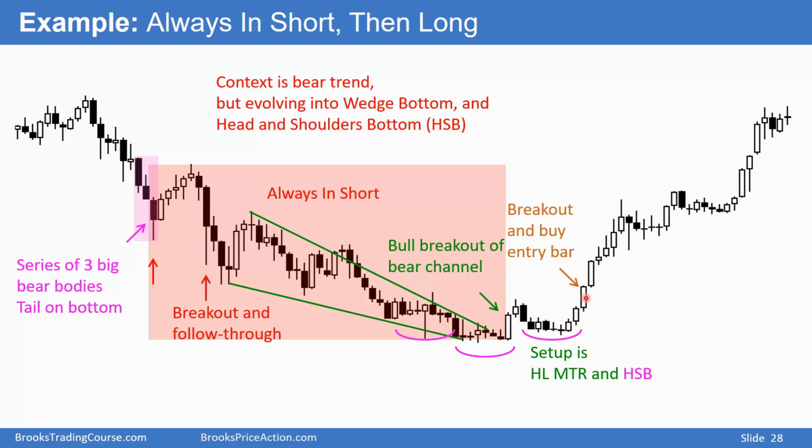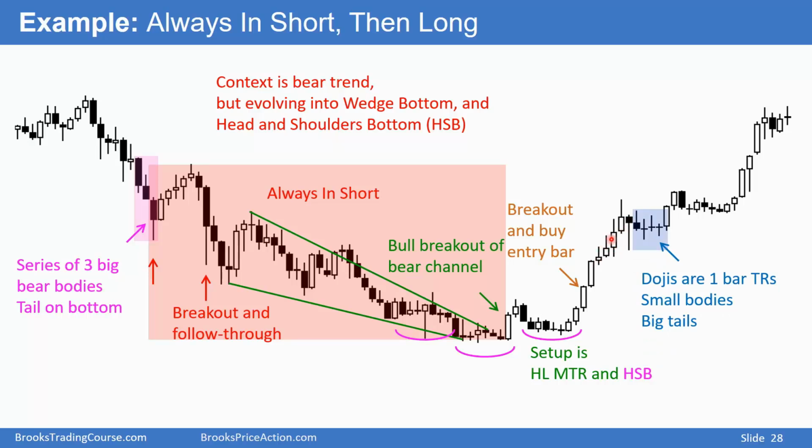Another breakout, we have a small breakout here, and now we have 3 bull bars, and traders might buy this bar as it moves above that high, the neckline of the head and shoulders bottom. They may simply buy the close, arguing that it's the third bull close, very little overlap between the bars, and the bodies are getting bigger, and it's following a higher low major trend reversal.